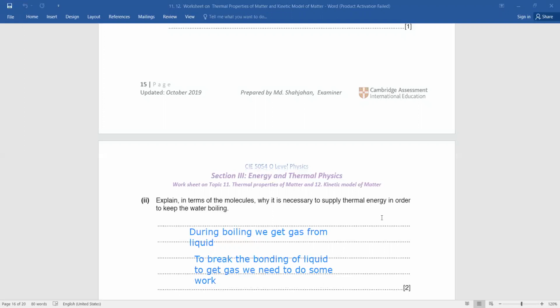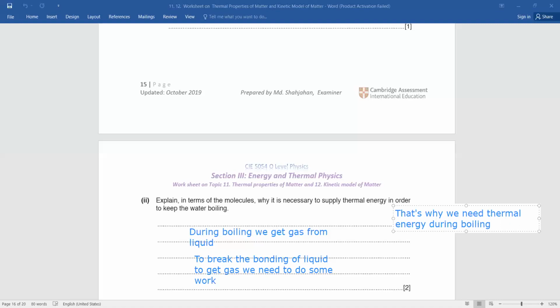Now I'm writing the last point. That's why we need thermal energy during boiling.